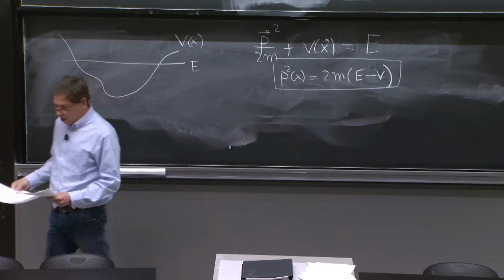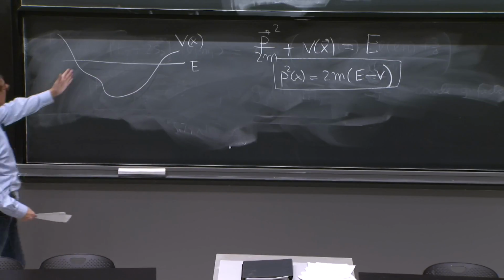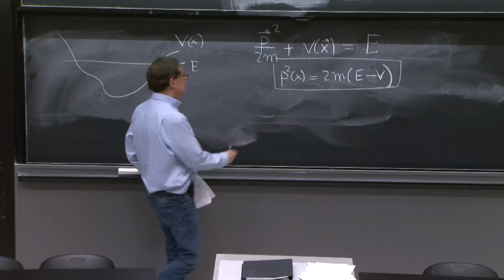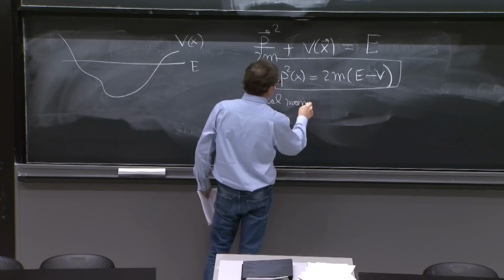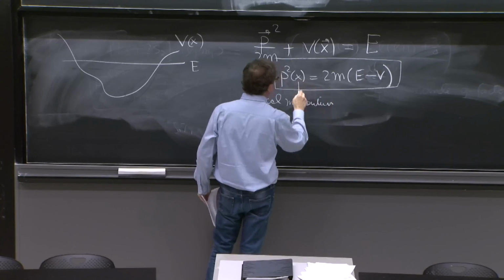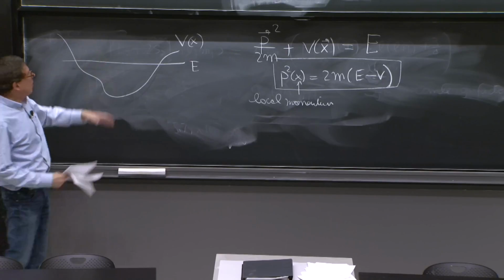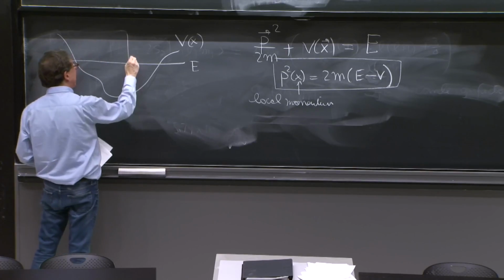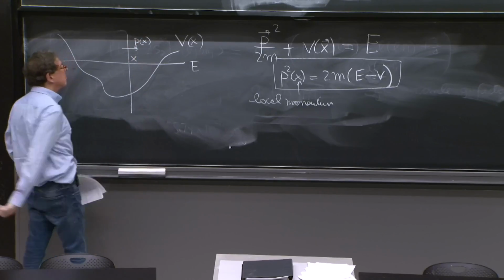This is a notion of local momentum. Local momentum, because it depends on x. It is the momentum the particle would have when it is at some position x; it will have a momentum p of x.